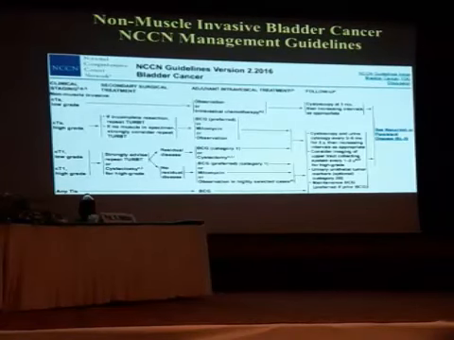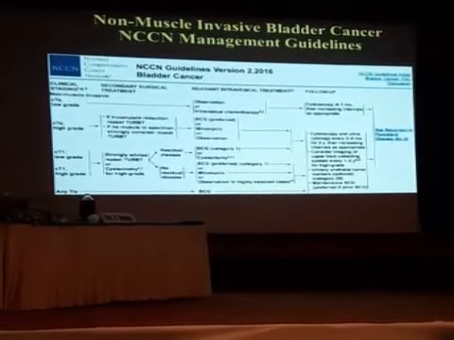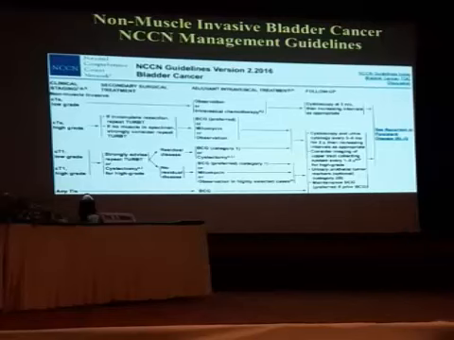The risk of seeding is high, but I don't personally think a cystectomy at that time is the right thing, because you haven't appropriately counseled the patient and you haven't prepared the operating room. You want to fix the perforation, but I don't think you're ready for a cystectomy. So I would not do a full cystectomy at that time.